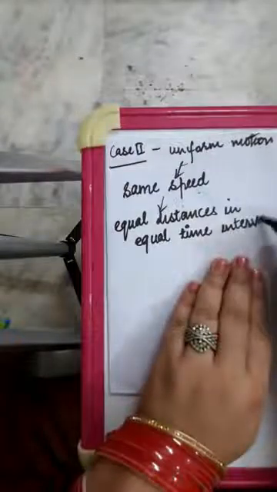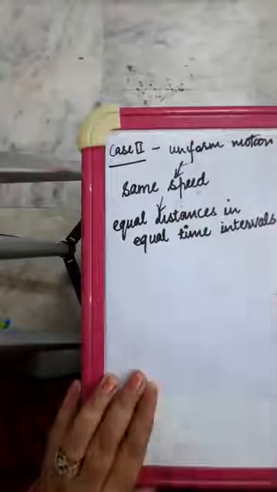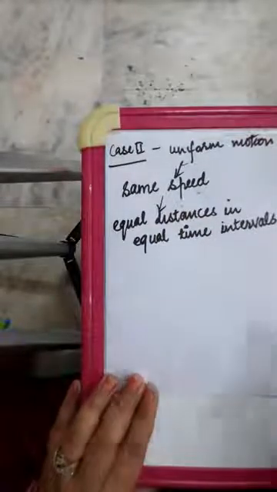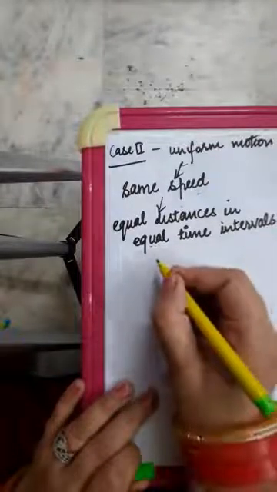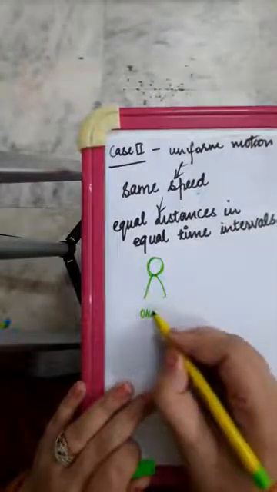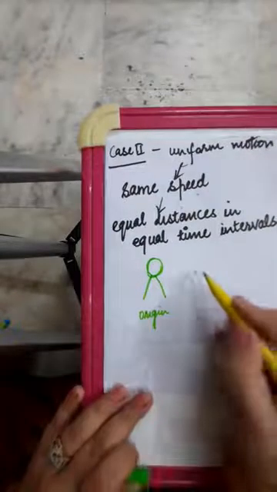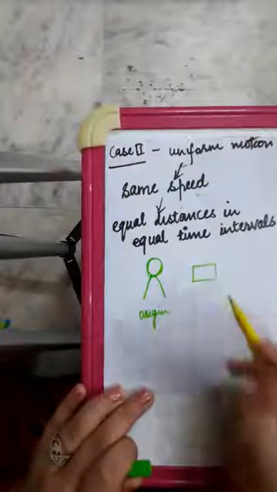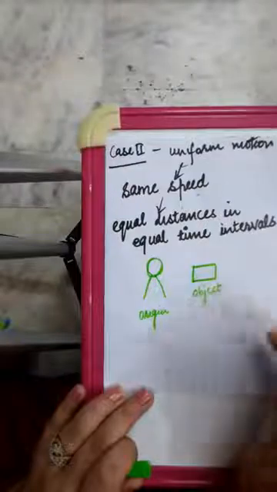Fine. So now we will be drawing a graph for this situation. Again, I am going to represent the situation for you so that you get a better idea of this. You need not write it in the exam. It's just a representation to explain to you. Suppose this is the position origin. The observer is standing at this origin and there is some object which is moving.